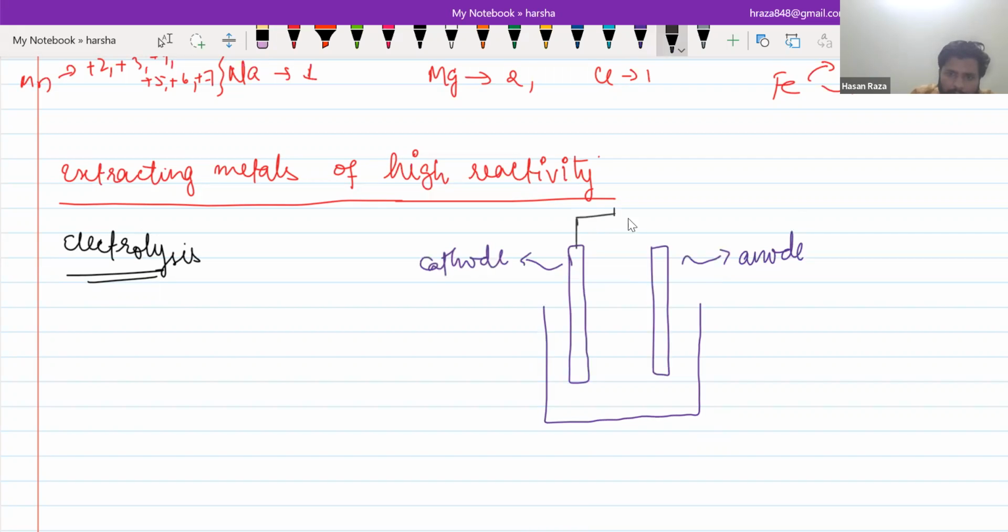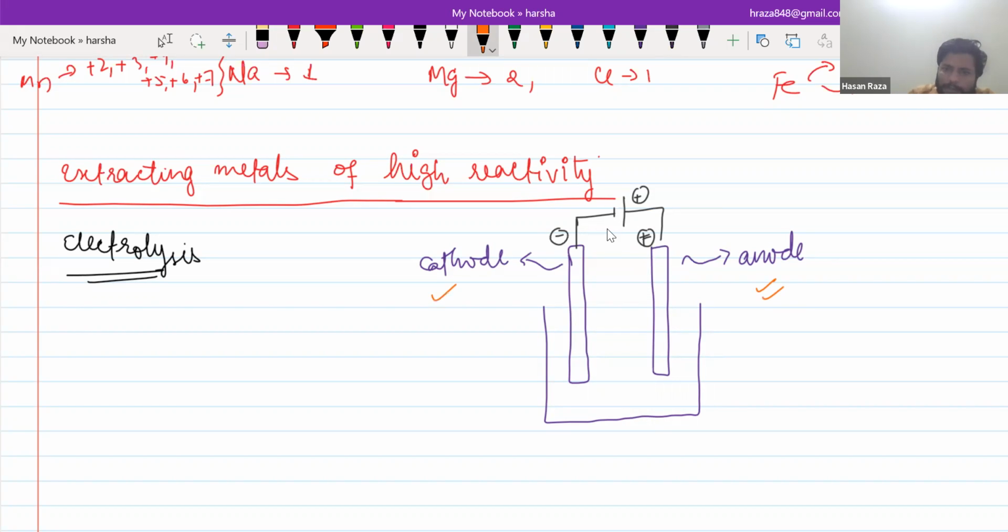This has a negative terminal and this has positive. So this is the positively charged electrode, this is the negatively charged electrode. You already know that the negatively charged electrode is called cathode, and the positively charged electrode is called anode.